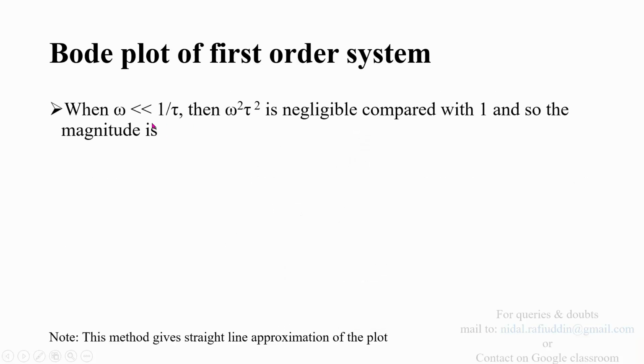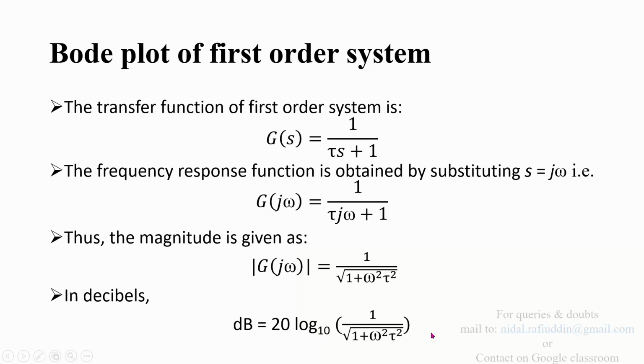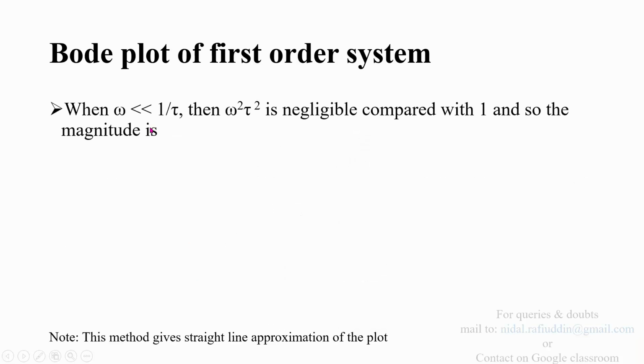If you substitute a value which is much less than 1 upon tau, then omega square tau square will be closer to 0, which makes the term under root 1 plus omega square tau square close to 1. That term will be close to 1 only when we assume omega much less than 1 upon tau.